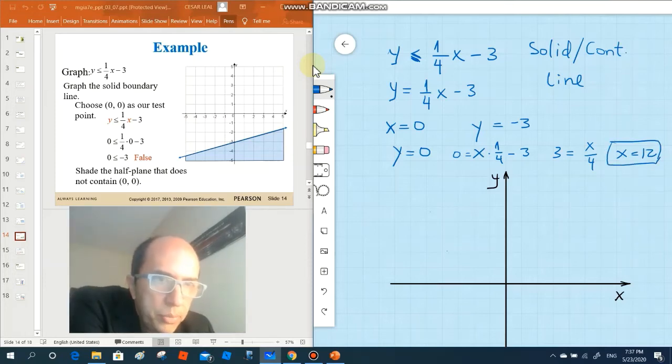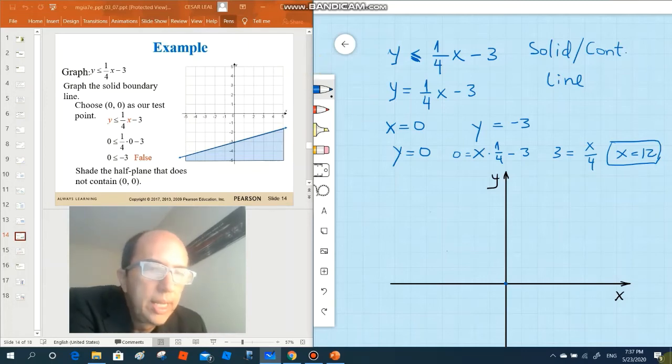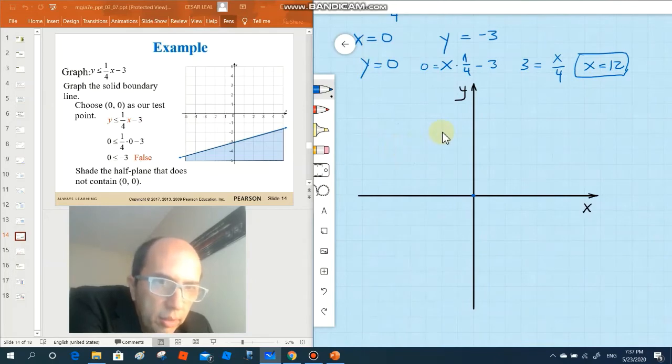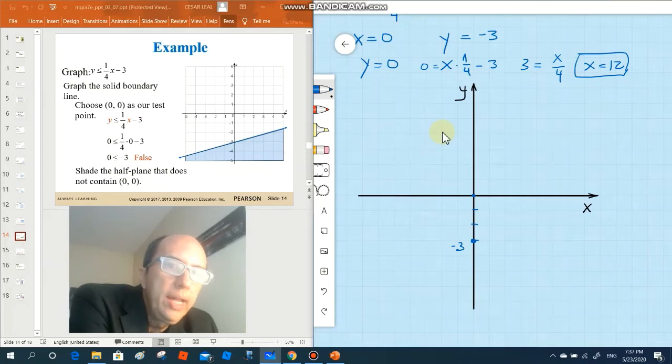So let's represent it here. If x equals 0, y equals negative 3. 1, 2, 3, negative 3. And if y equals 0, x equals 12. 1, 2, 3, 4, 5, 6, 7, 8, 9, 10, 11, 12.